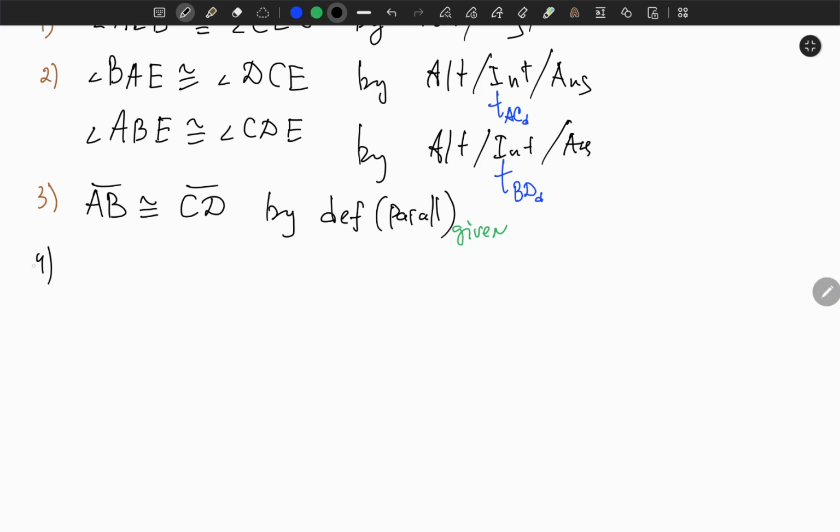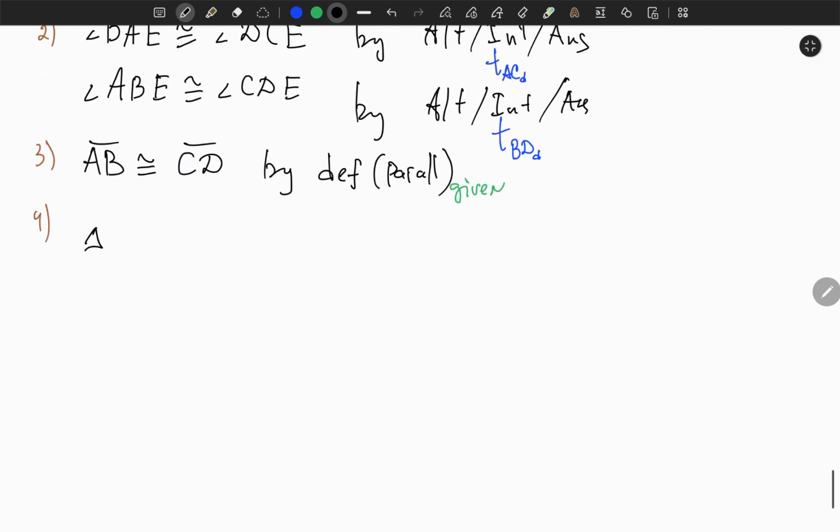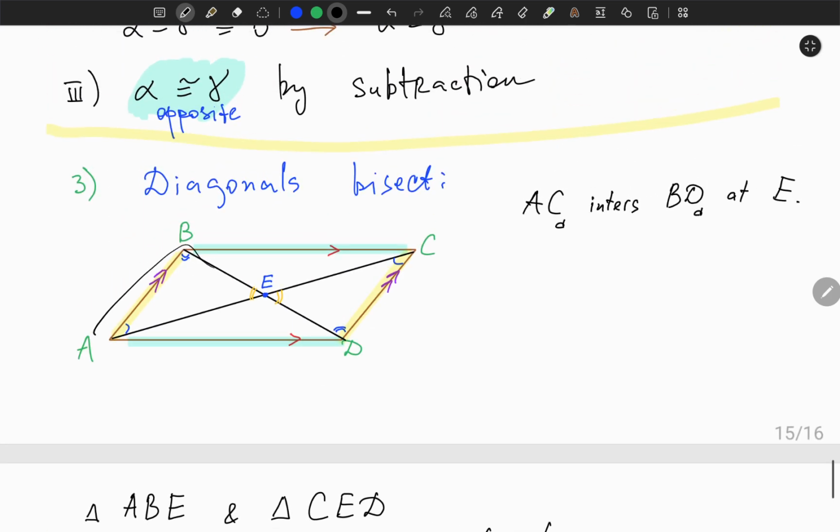Number 4, these 2 triangles, let's say ABE, we start from here, with this diagonal, so we're going to say CDE. Okay, triangle ABE is congruent to triangle CDE, by the angle side angle postulate.